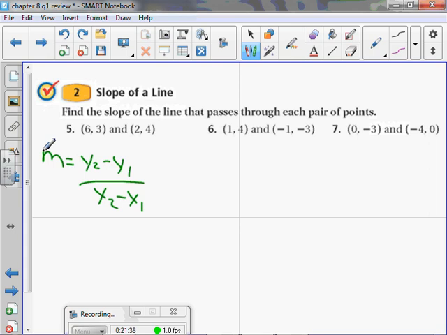Then we need to pick one of these points to be point 1 and one of these points to be point 2. Just for the sake of being easy, I'm going to make the first point point 1.